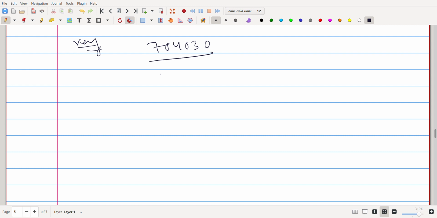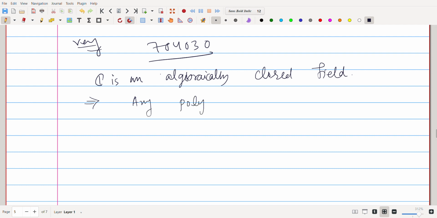So you need to know some basic results from linear algebra. See, C is an algebraically closed field, right? That will imply that any polynomial splits.